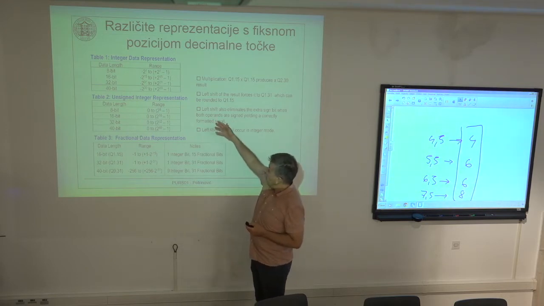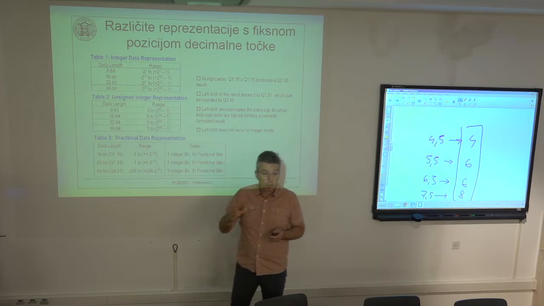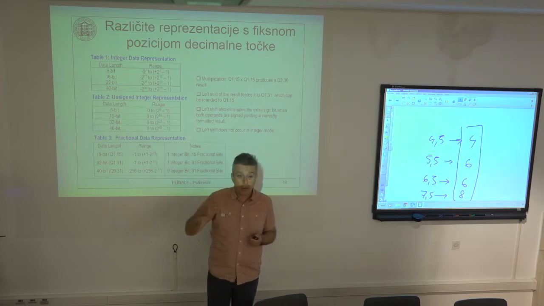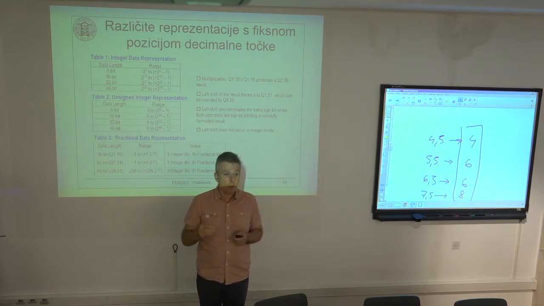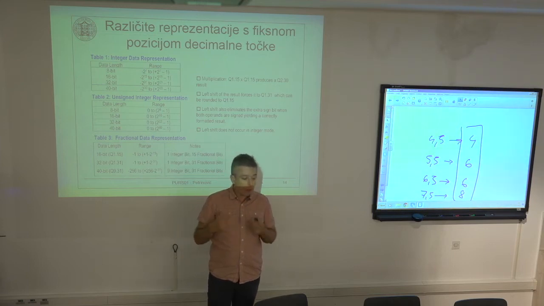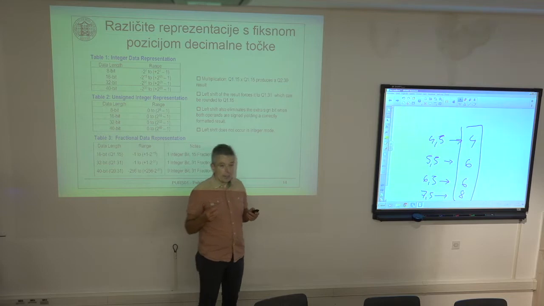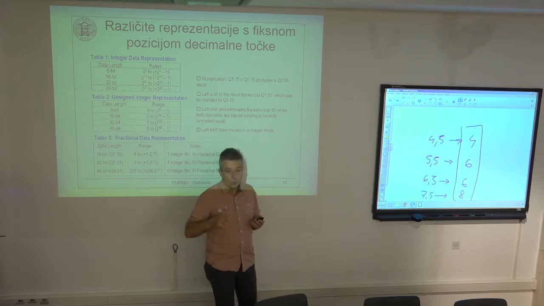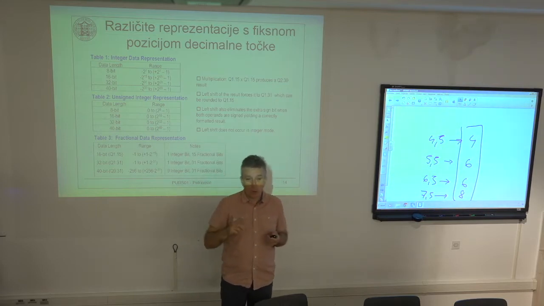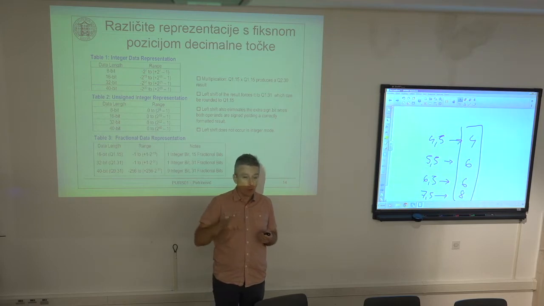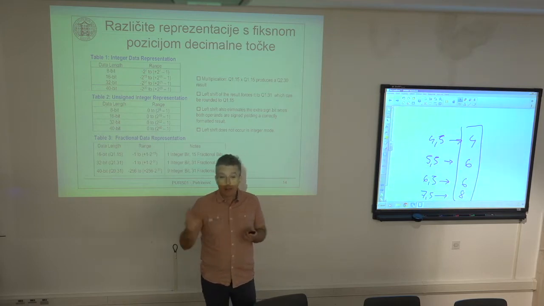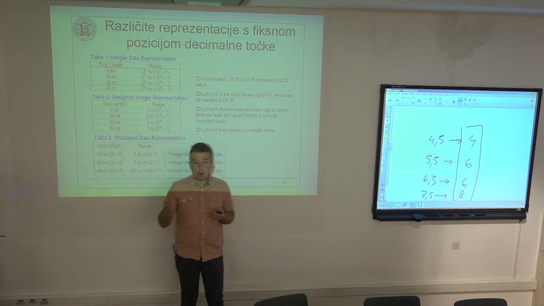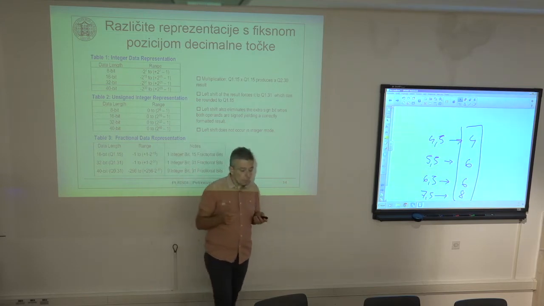But nevertheless, the data range is still the same, -1 to +1 if I treat this number as a real number. But if I would like to have a larger dynamic range, not only -1 to +1, but maybe -2 to +2 or -4 to +4, I simply shift the position of the decimal point to the right.